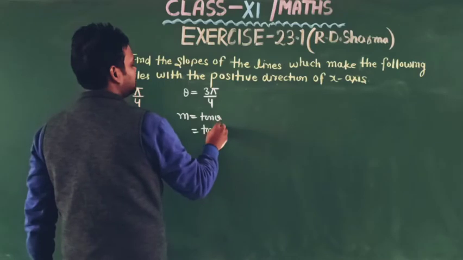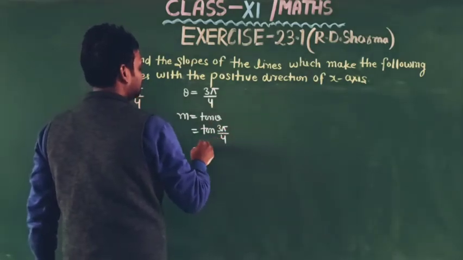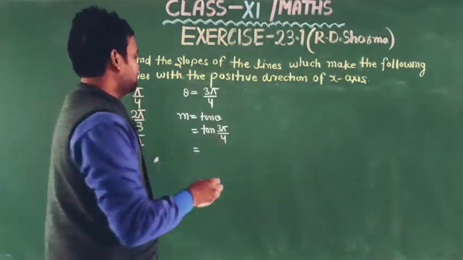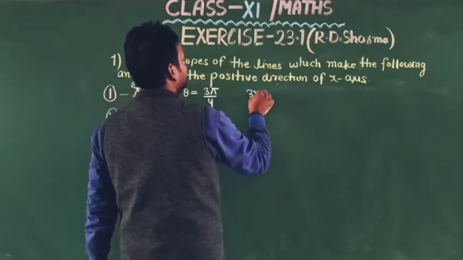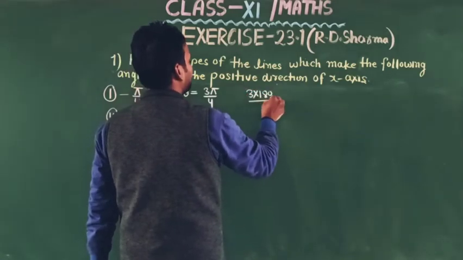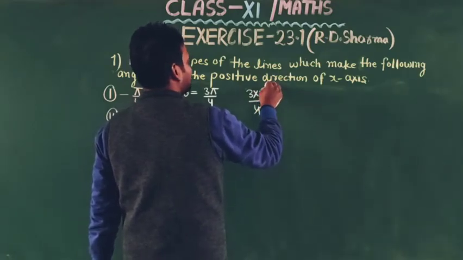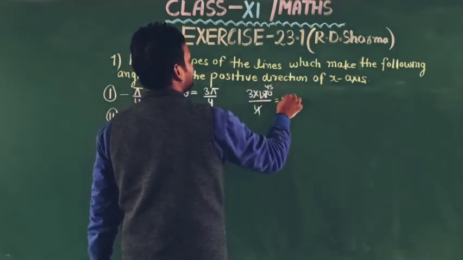This is given in radian form, so change it to degrees: 3 into pi is 180, divided by 4. 4 fives are 20, so it is 45, and 3 into 45 is 135.